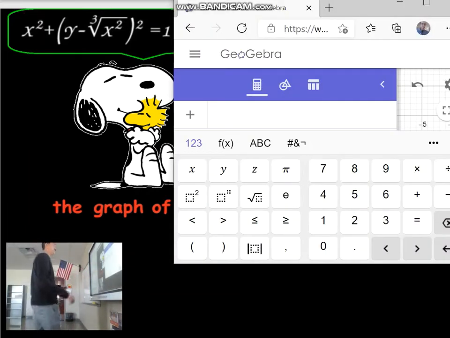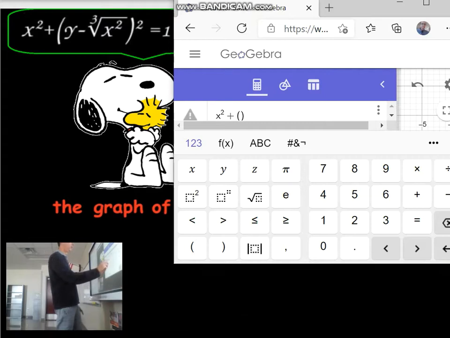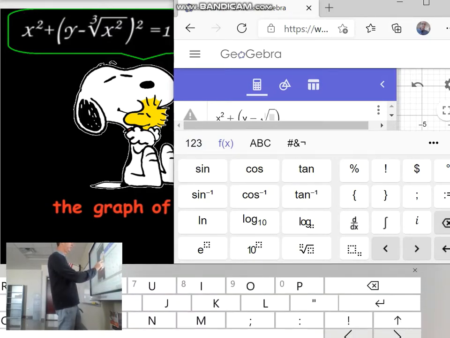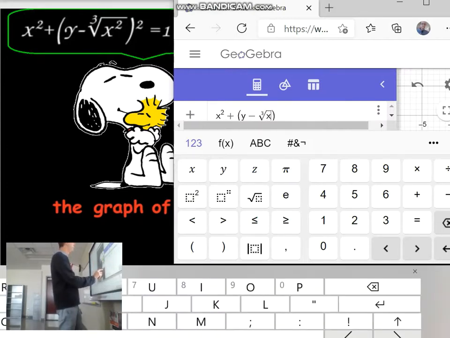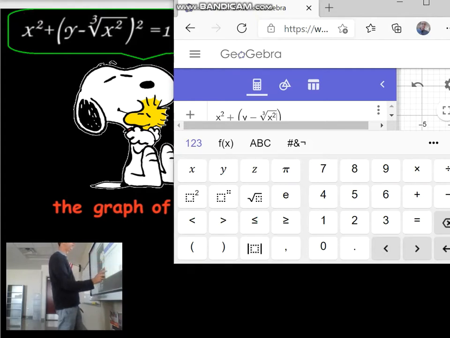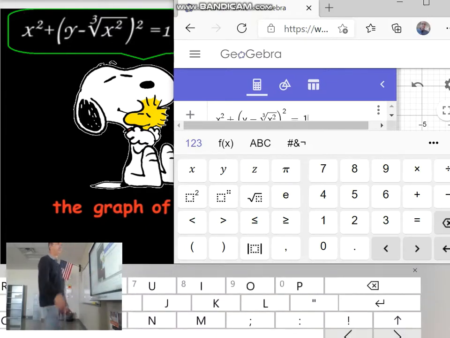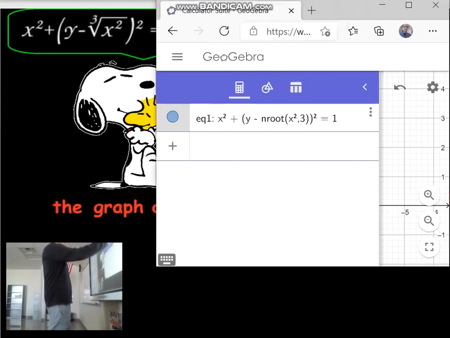I like to use this online graphing calculator, GeoGebra, and type the equation x squared plus parentheses y minus the cube root of x squared, and this is squared as well, equals 1. Enter, and let's find the graph, the result.